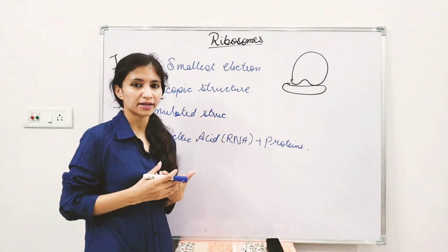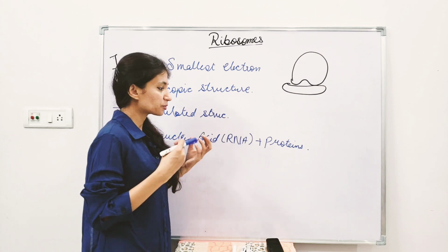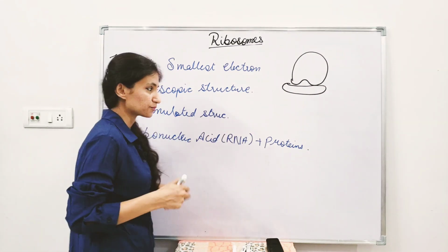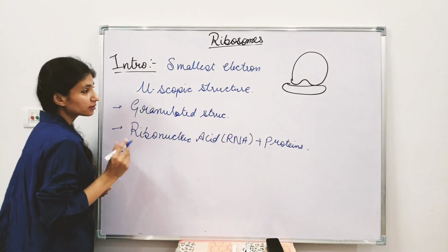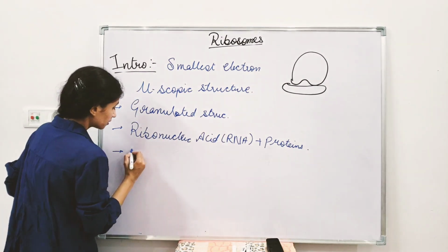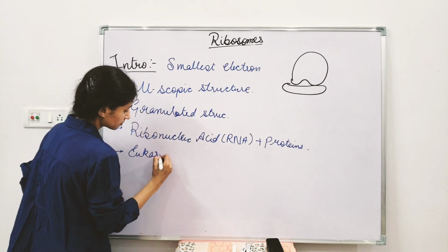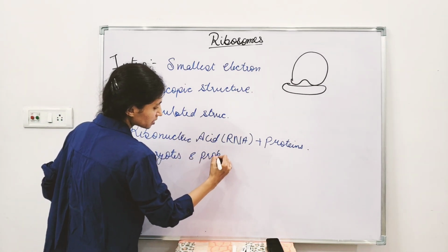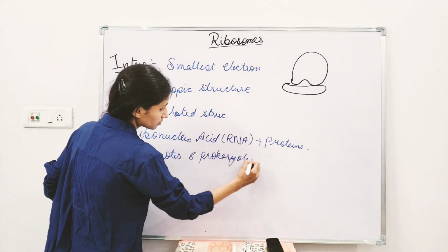Different types of RNAs contribute to them, and proteins collaborate together to form the ribosomes. You will find the ribosomes in eukaryotes and in prokaryotes. So they are a characteristic of both organisms.